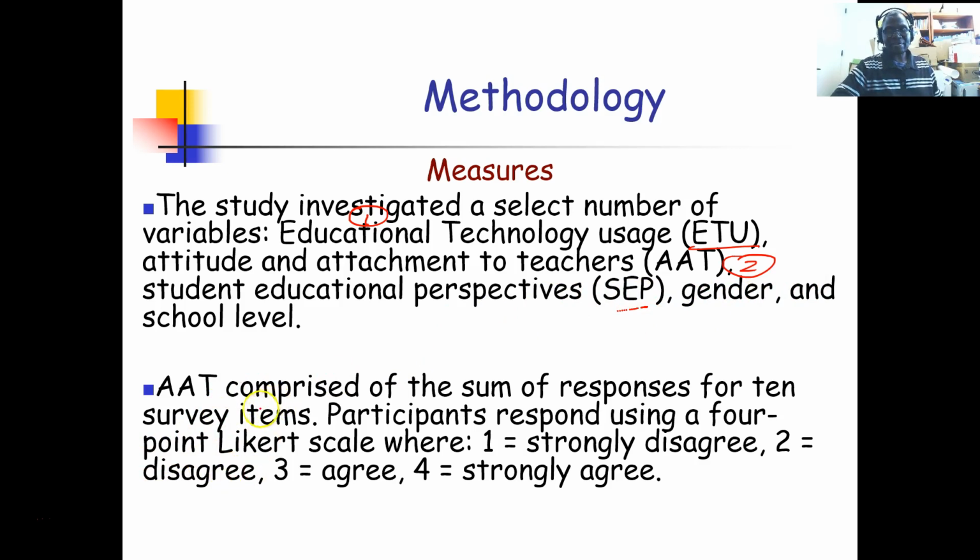And these measures, we look at the first one, attitude and attachment to teachers. This is comprised of the sum of responses for 10 survey items, and participants responded using a 4-point Likert scale, where 1 was strongly disagree, 2 was disagree, 3 was agree, 4 was strongly agree.